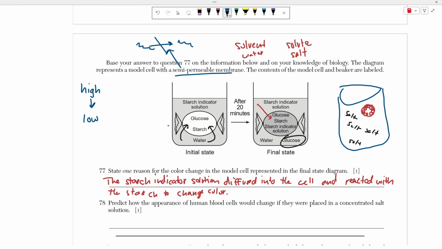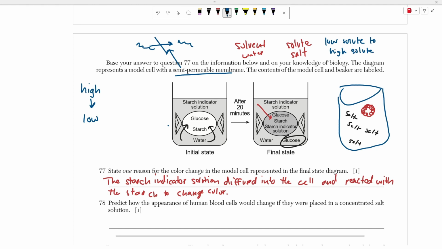Or it likes to go where there's more solute, okay? So whenever you're given a problem where you have solvent and solutes, the salt is going to be the solute. That's the thing that's going to dissolve in the liquid. The water always moves from low solute to high solute.